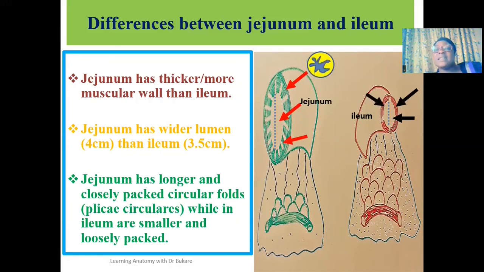These circular folds are presented within the internal wall of the jejunum, and you can see there is the creation of more infoldings within the mucosal wall of the jejunum. In the ileum, you see that they are less pronounced. The infoldings created by the ileum are not as many as what is seen in the jejunum, because the circular folds are closely packed here, while here they are loosely packed.